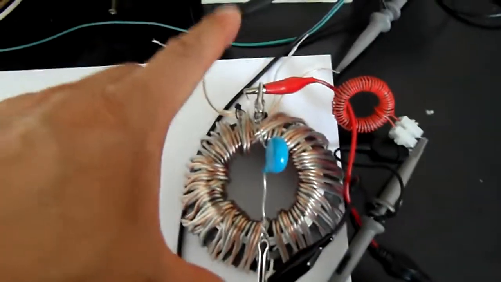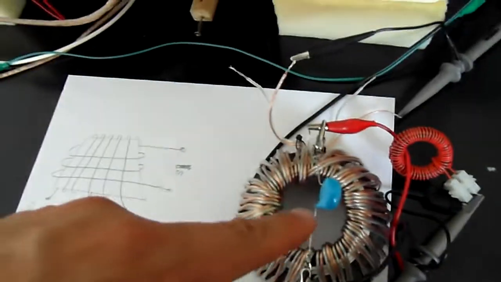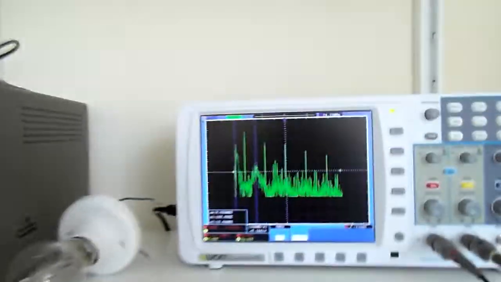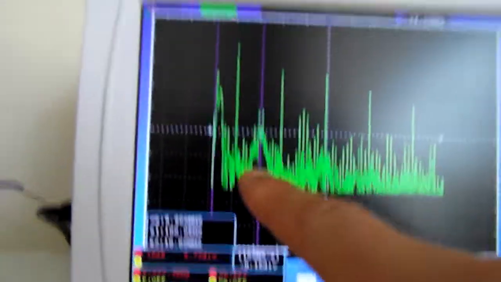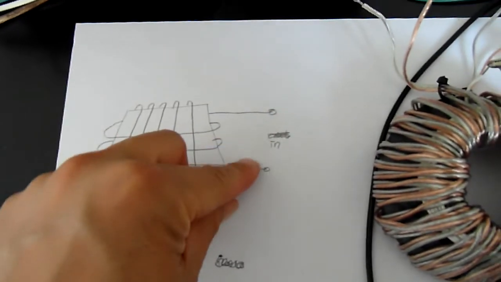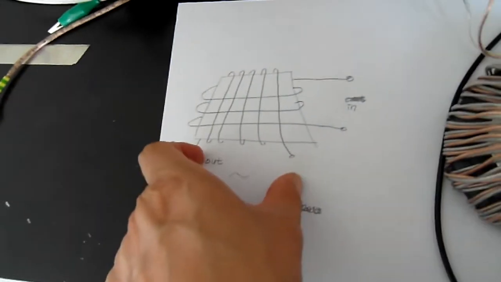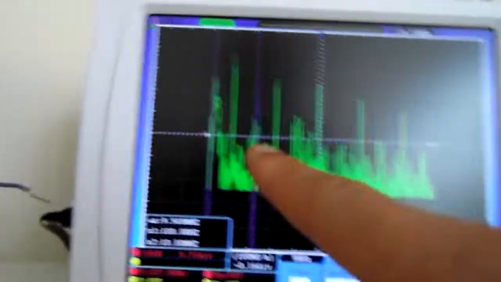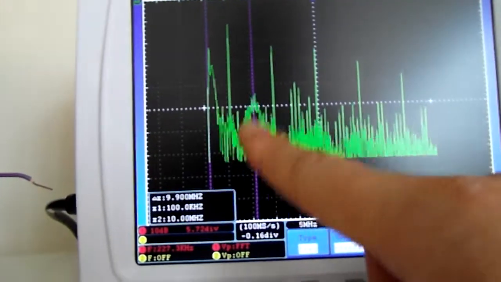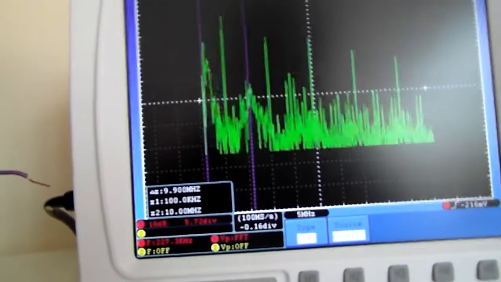If it is because of the input LC resonance, then it should shift or disappear. Actually, it's making the output stronger. I put the extra capacitor in between here, but the output has an even stronger response at 10 megahertz, or 9 point something megahertz.